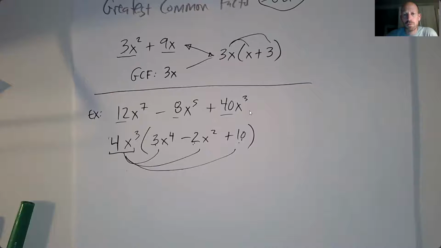So the first homework is this greatest common factor. And then it also includes a strategy for factoring 4-term polynomials. And then the next couple homeworks are different ways of factoring 3-term.